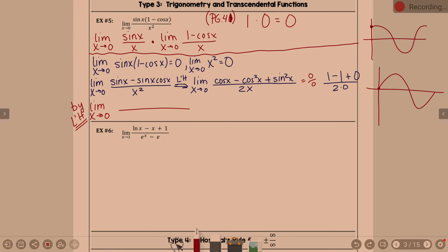What's the derivative of cosine? Negative sine, minus the derivative of cosine squared. It's a power rule first. So 2 times cosine x. The derivative of cosine x is going to be negative sine x. So I'm going to make that a plus 2 cosine x sine x.